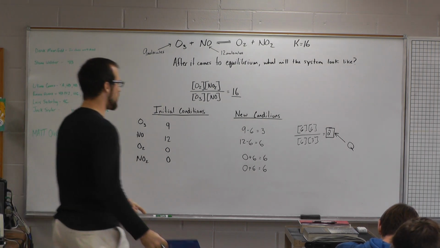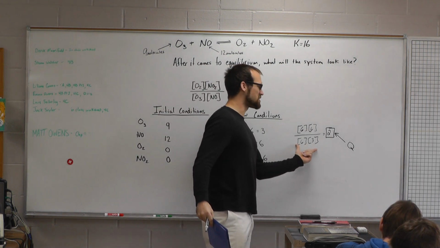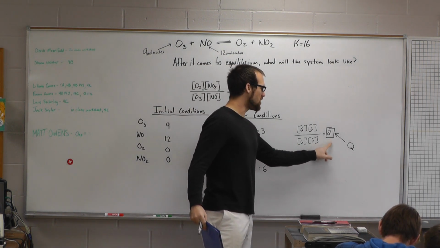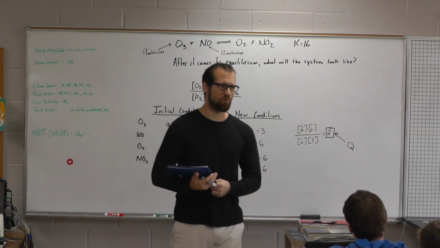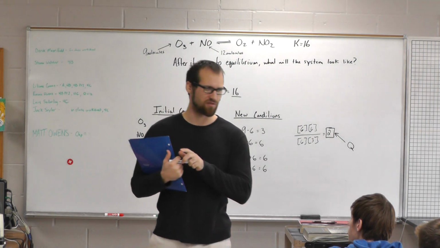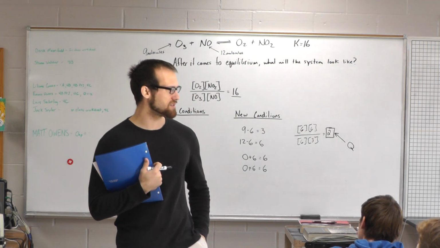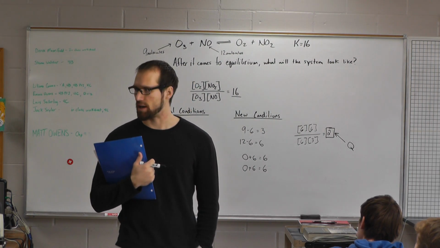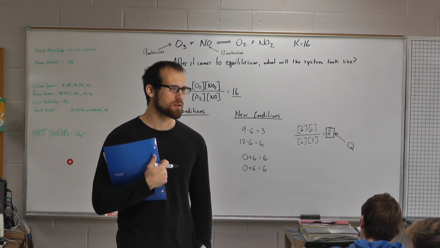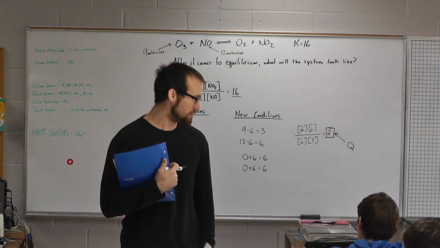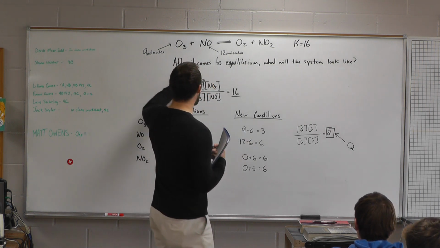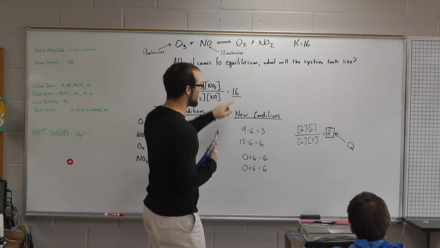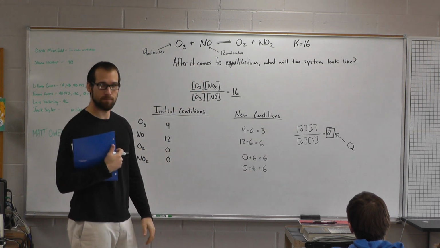So if we figured out that our concentrations were this, and we found that Q was less than K, what could we say? Is this going to shift left? Is this going to shift right? Why would it shift right? Because you need more products, right? You need more on the top than on the bottom to get to 16 if you're at 2.